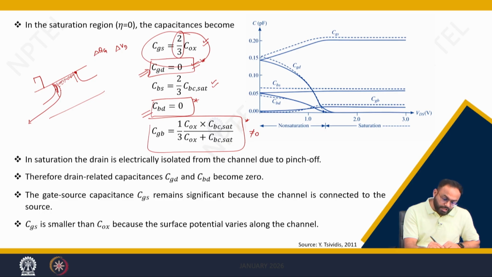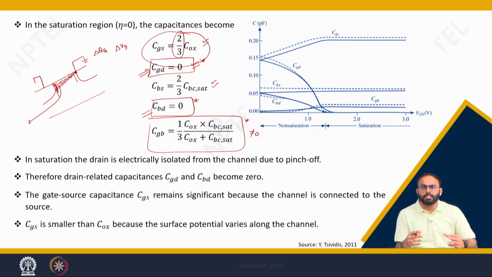Ultimately, the surface potential is no longer completely uniform throughout the channel, because at the drain side you are in pinch off condition. So the surface potential increases here, and ultimately it varies along the channel. Because of that, the distribution of the charge carrier is no longer the complete COX, it is somewhat less than COX, and it is mathematically proven that a 2 by 3 factor comes into the picture. The same thing happens in CBS, where we get a 2 by 3 factor.